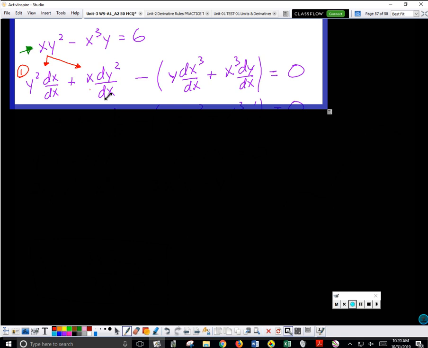Then I subtract, and I do the product rule again. So this one ends up being these two. Using the product rule. The derivative of 6 is 0.